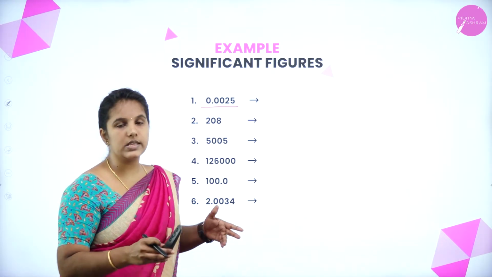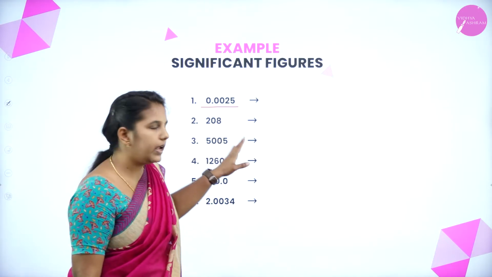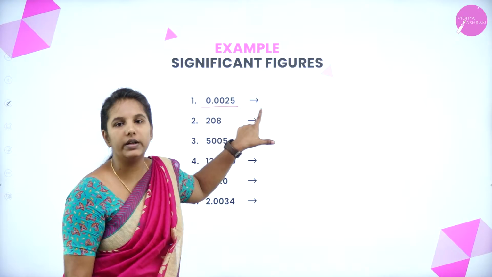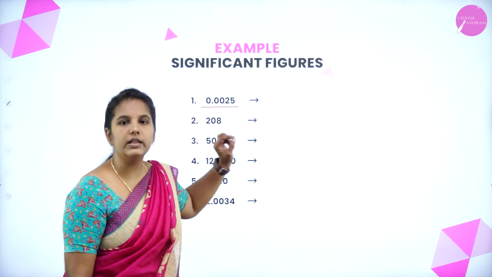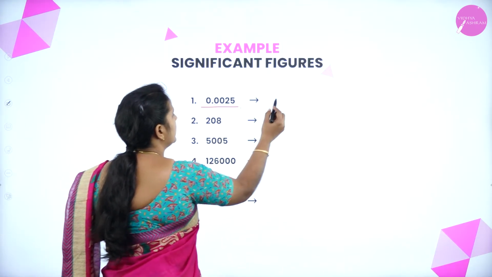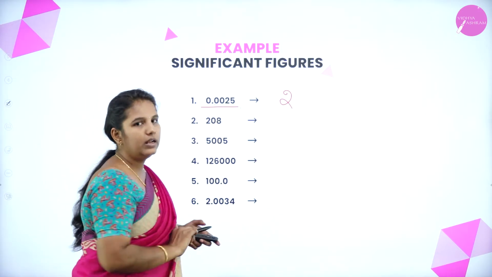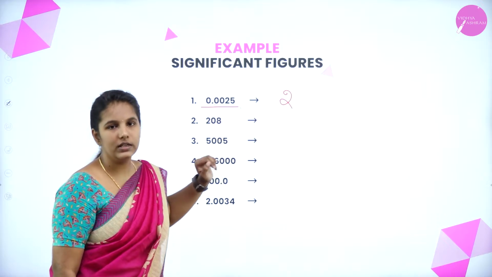So, as we all know, here 0.0025. You can see that rule 2 will be applied. Rule 2 says that if the zeros are present before the non-zero digits, then we have to neglect the zeros, and only the non-zero digits are considered. So here the number of significant figures is 2, because only 2 non-zero digits are there.